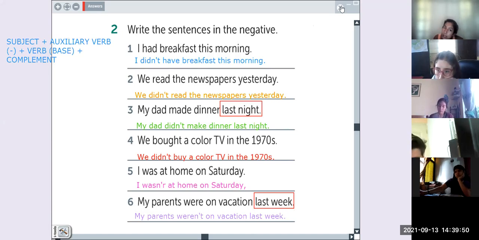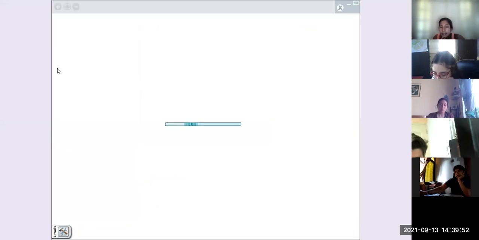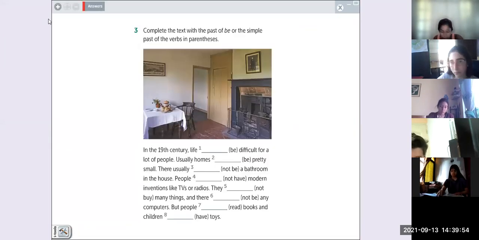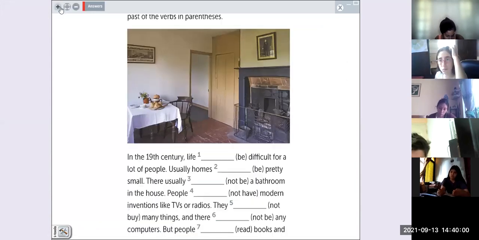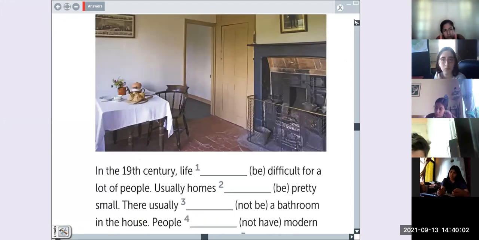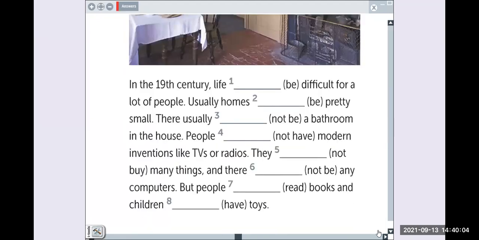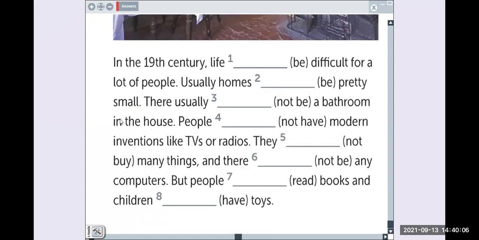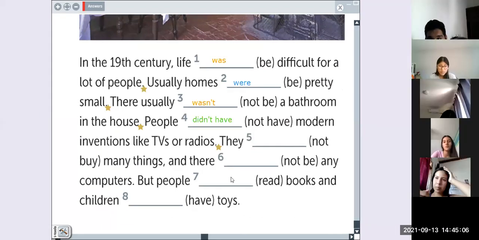Okay, let's go to the next one, number 3. Complete the text with the past of be or the simple past of the verbs in the parentheses. Okay? So you are going to do this alone, and then we're going to check together. You have 2 minutes. Number 5, please, Davinia.